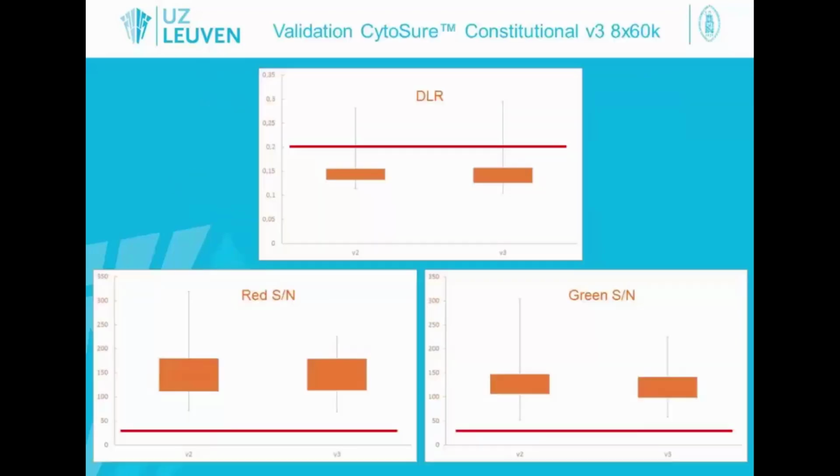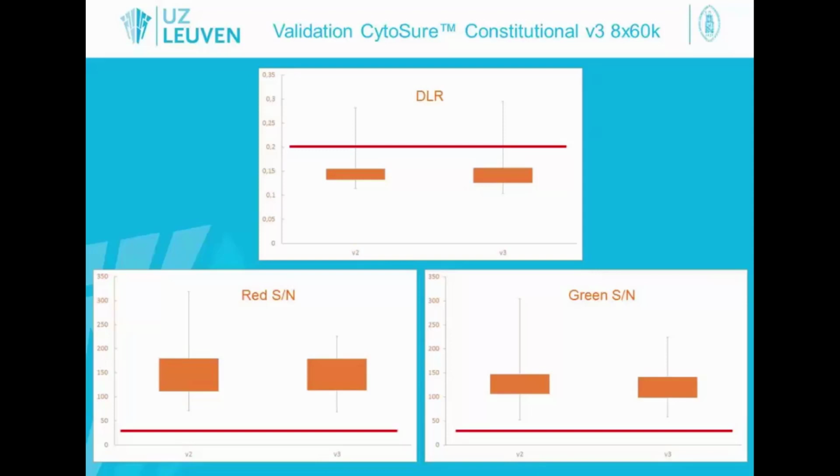So according to QC metrics, we compared DLR, the derivative log ratio, which is a very important measure. It's the probe-to-probe log ratio noise, and in our lab we have a cutoff of 0.2.